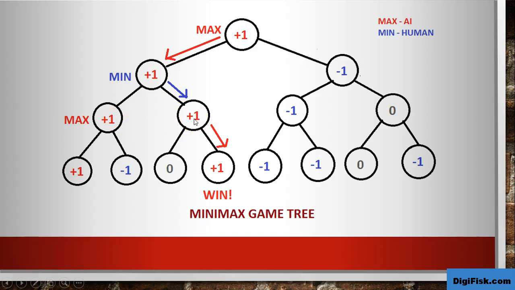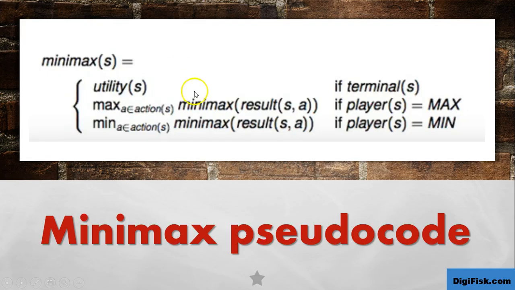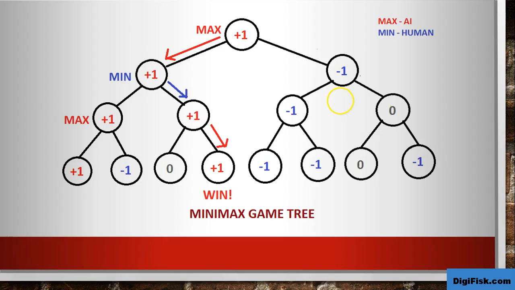And that's how it keeps going. That's why it's called a recurring function, because it keeps calling itself again and again. This MiniMax function gets called again and again. It calls itself until it reaches the final value, which is utility of S. That's why it's called a recurring function, because it reoccurs.